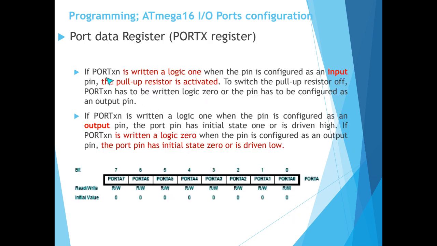So if PORTAn, for example PORTA0, where X here is A and the N here is 0, the index starts from 0. The PORTA register also includes how many bits? 8 bits, very good.